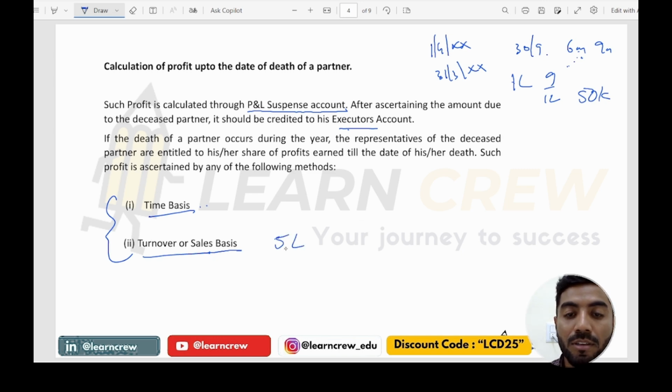So it is assumed that the turnover is the same during each of the months. Based on that we find the profit. The rate at which the profit is to be found will be given in the question. One is the time basis, one is the turnover or sales basis. Based on this, we can find the profit. From an exam point of view, this is not that important. We just cover the theory.